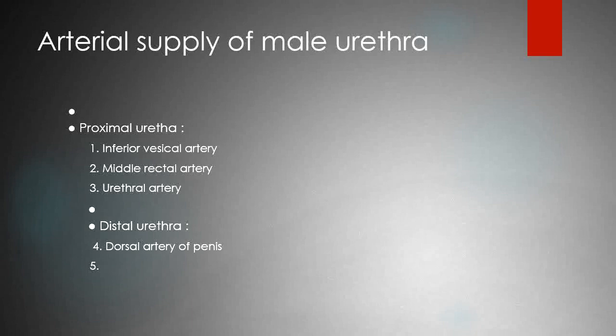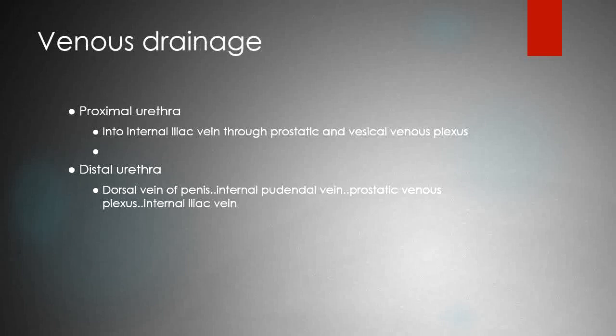While the distal part of the male urethra, which constitutes the membranous and the spongy urethra, is supplied by the dorsal artery of penis. Venous drainage of the proximal urethra is into the internal iliac vein through the prostatic and the vesical venous plexus.